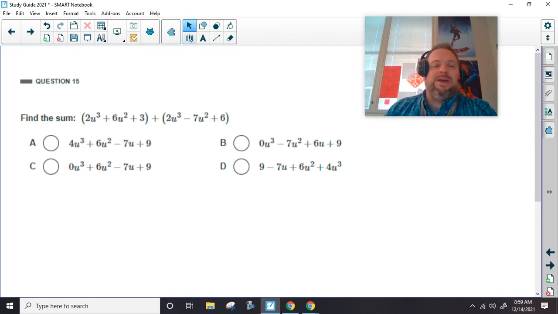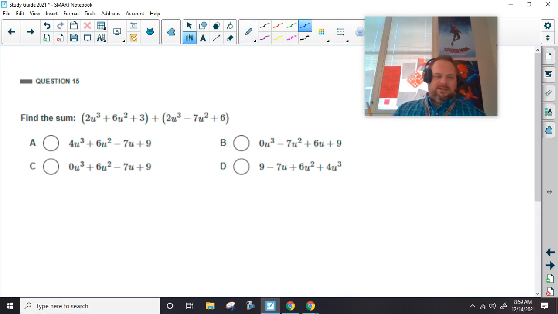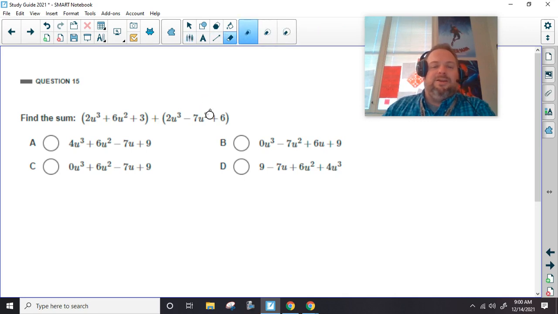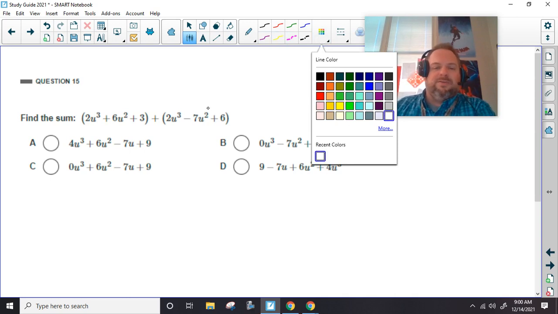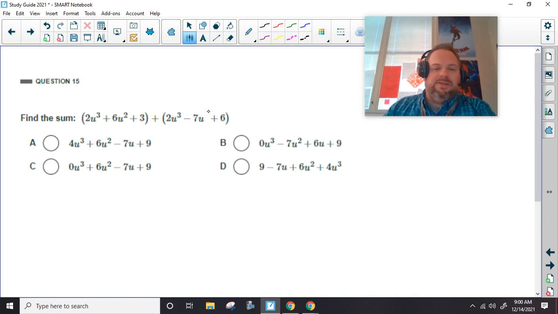So I do have this one. I think I've fixed it. I need to go back and double check number 15 because I actually used that one for my Algebra 2 class also. This one shouldn't be here. The squared right here on this 7 shouldn't be there.